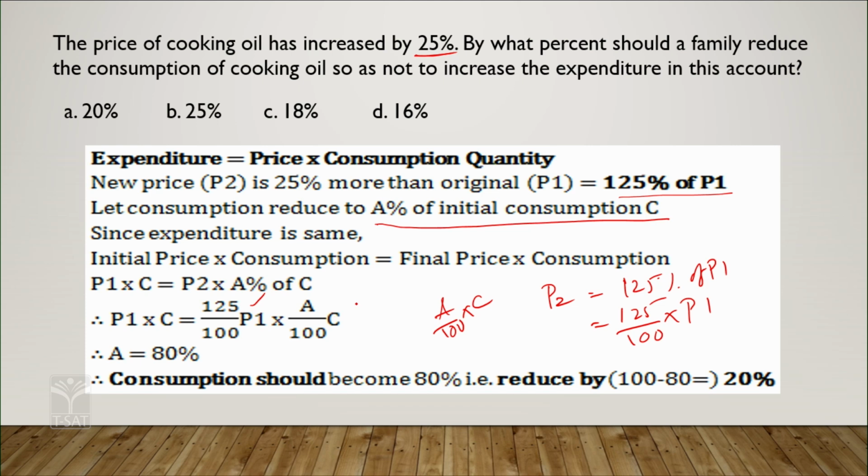Now you can calculate it: this C and this C will get cancelled, this P1 and this P1 will get cancelled. Then you have 125 by 100, which means 25 fives are 125, 25 fours are 100, correct. Simply 5 ones are 5, 5 twentys are 100, means A by 80 is equal to 1. So, A is equal to how much? 80%.